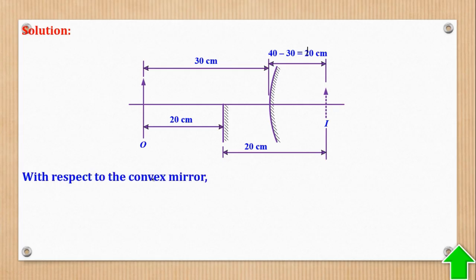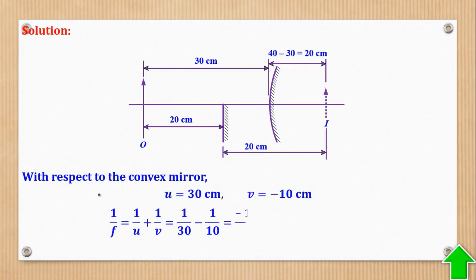With respect to the convex mirror, U is 30 and V is negative 10, negative because it is virtual. So using our mirror formula, F is negative 15 centimeters.